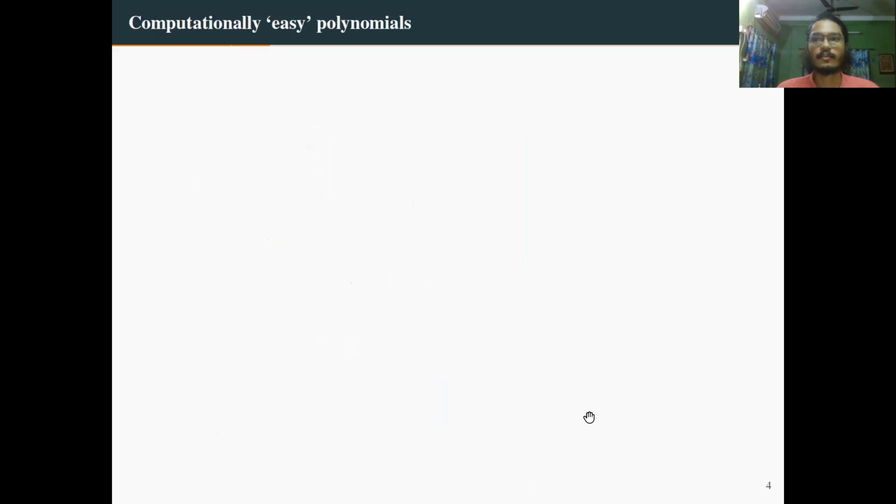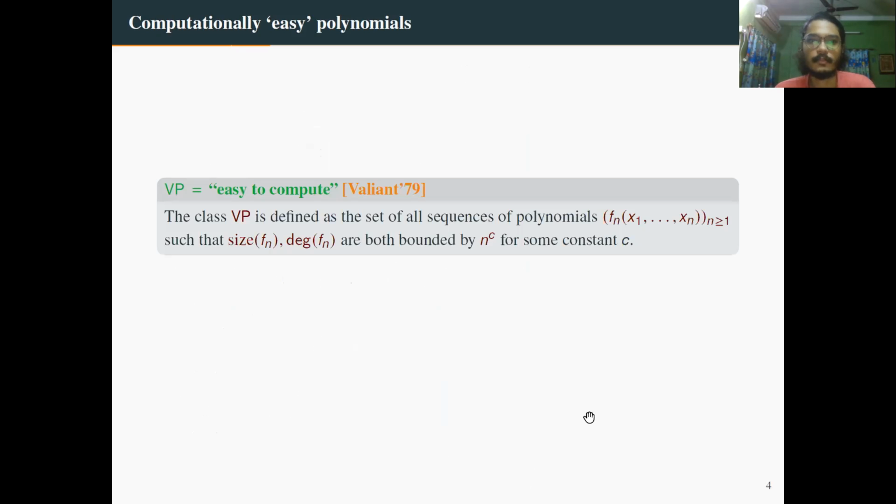Okay, so now once we have defined the model of computation, let's see what the easy polynomials in this model are and what the hard polynomials are. So VP, Valiant's P, is one of the most important classes, where we say that a sequence of polynomials is in VP if both size and degree are polynomially bounded.